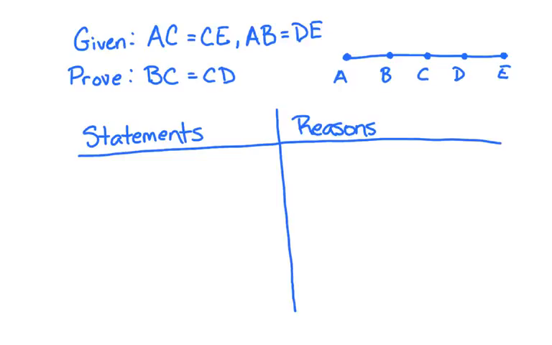So freshmen, if you didn't do this, copy this down, and sophomores, I suggest you do the same thing. So this is the one that I did in class yesterday, and you guys have the statements, and I've asked you to list the reasons for each of the statements that you're given.